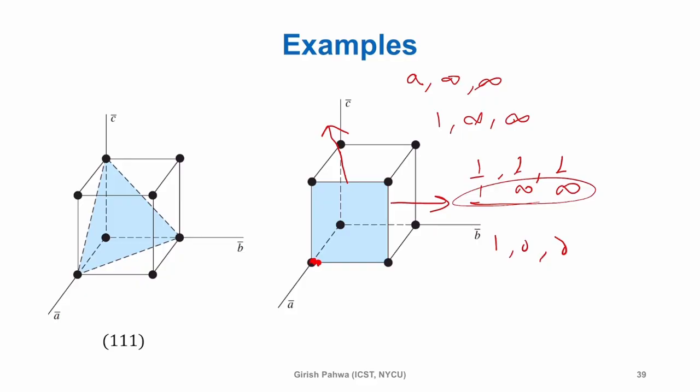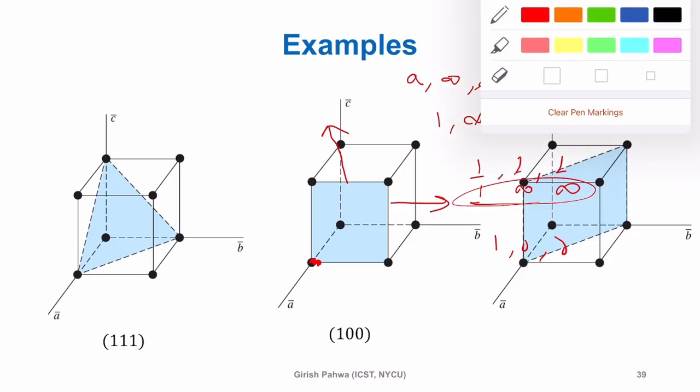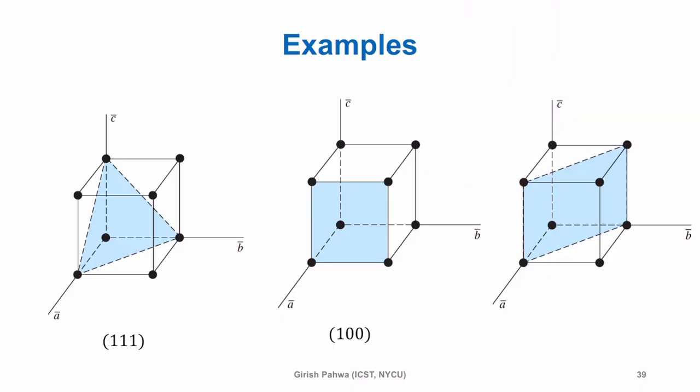Okay, one more example. This is A here. A here. Intercept on A axis is A, intercept on this axis is also A. I'm assuming it's cubic.